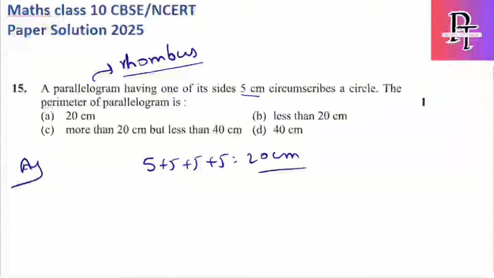Or else, in the questions you might have solved, prove that a parallelogram circumscribing a circle is a rhombus. That type of question will be coming. So here one side is 5, so all sides should be 5. The perimeter is 20.